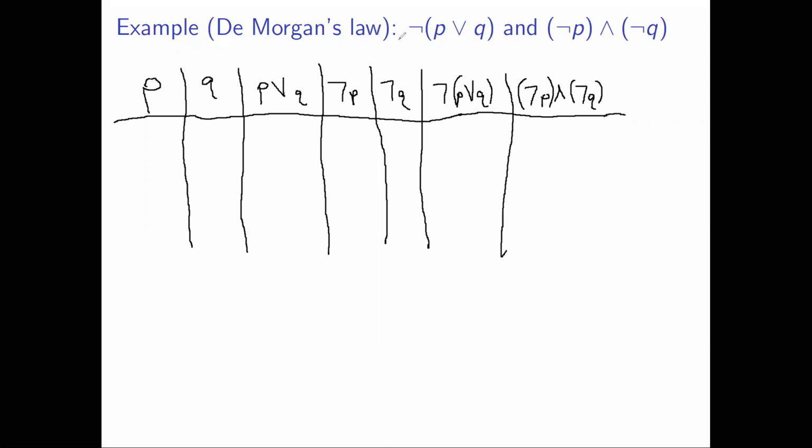So we want to see, is this one logically equivalent to this one? And it has a name, so the answer is going to be yes, but we got to prove it with the truth table. So we're going to write all the possible truth values for the P and the Q.